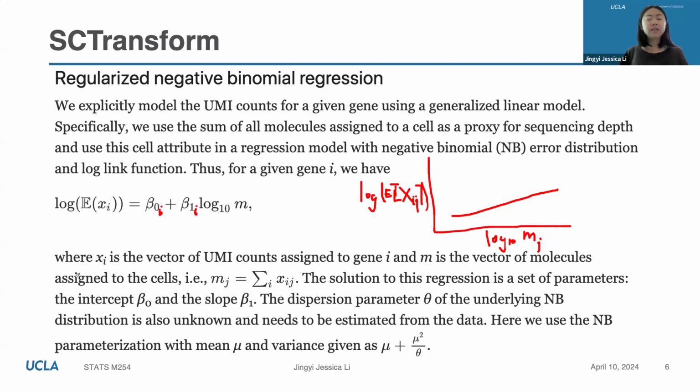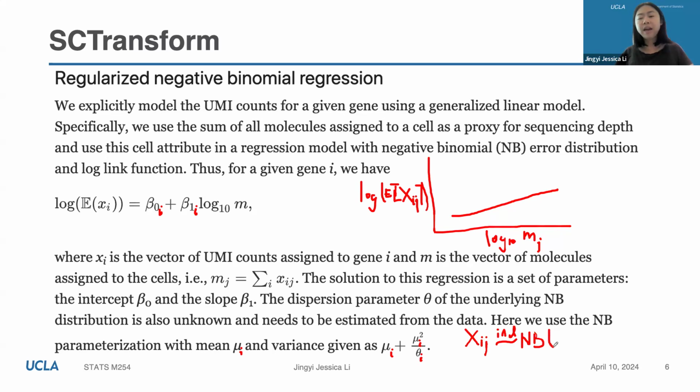In this line, the index of cell J was not included, but it was in the text. And when you say the negative binomial is for gene I, then this mu should be mu I, and the theta for dispersion should be theta I. So they should all be like this. In other words, what we are assuming here is that for Xij, across all the J's, for each J, they are independently following a negative binomial distribution.